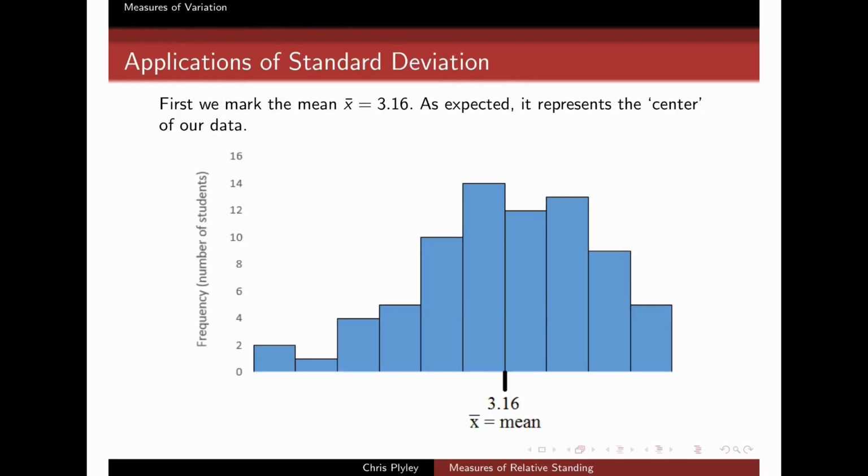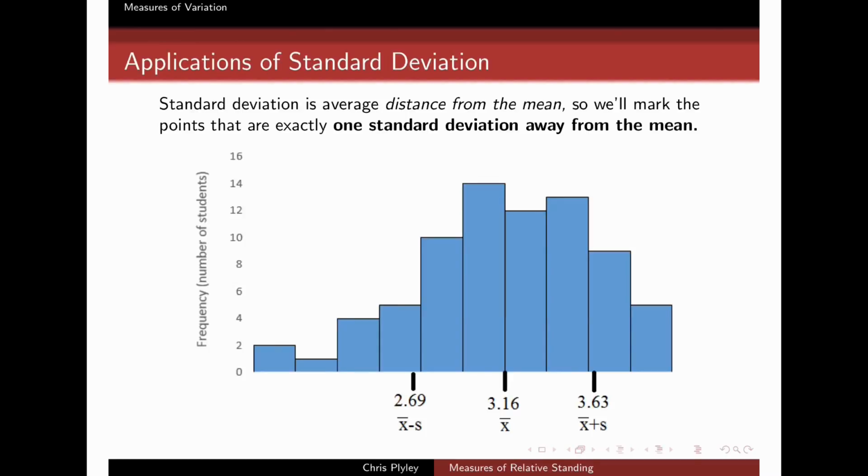So I have a question for you. If I mark the mean right here in the middle of our data, and I mark the 2 points which are one standard deviation above and below the mean, what does that mean? It means I take 3.16, our mean, and I subtract our standard deviation of 0.47, and that gives me 2.69.